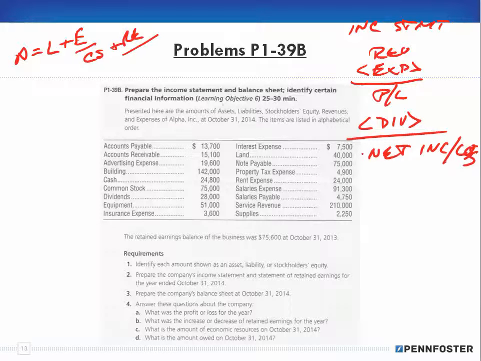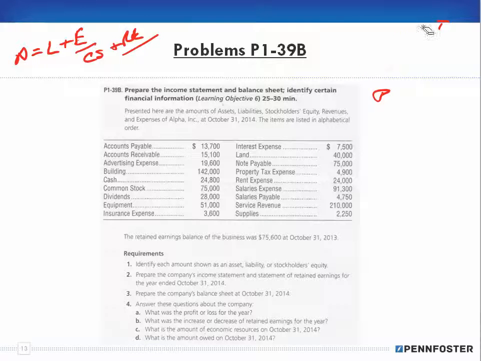And of course, whatever that is gets closed out to our retained earnings at the end of the accounting period, as part of the closing process. So by asking us to identify assets, liabilities, and equity, we consider the revenues, expenses, and dividends to be part of the equity, because it's part of retained earnings.